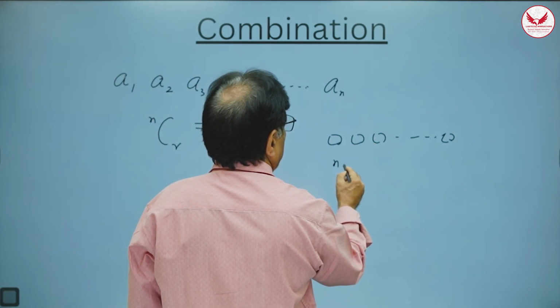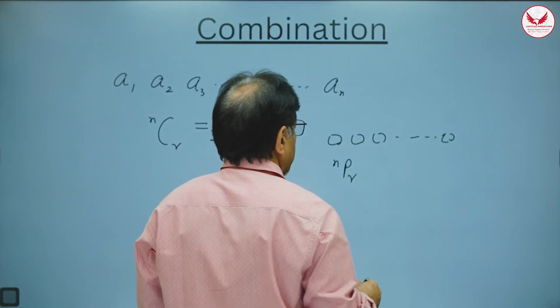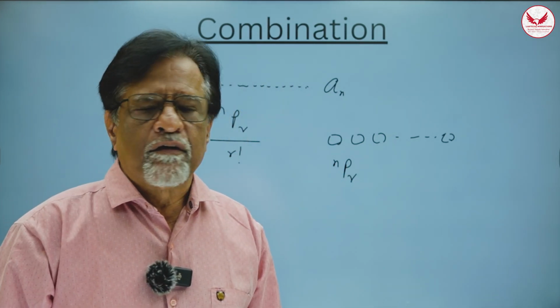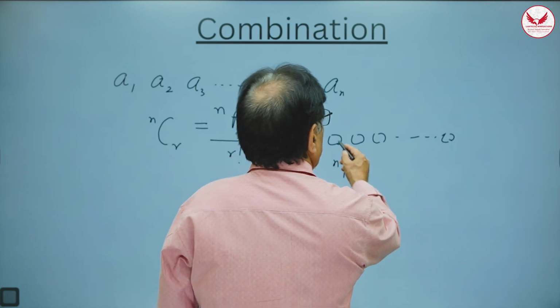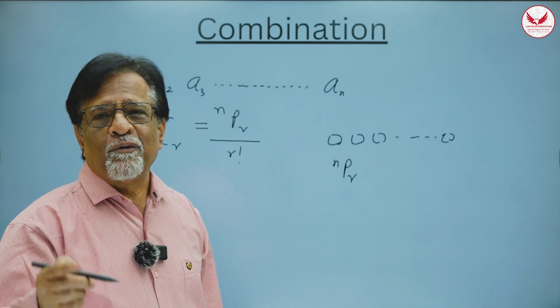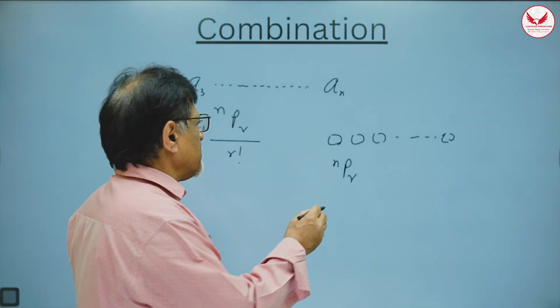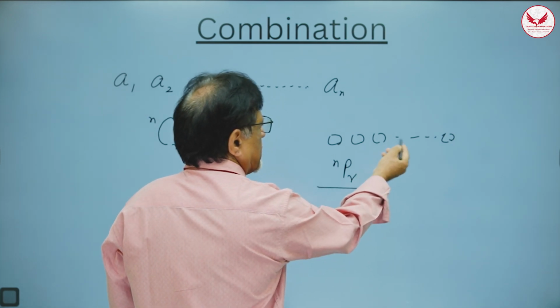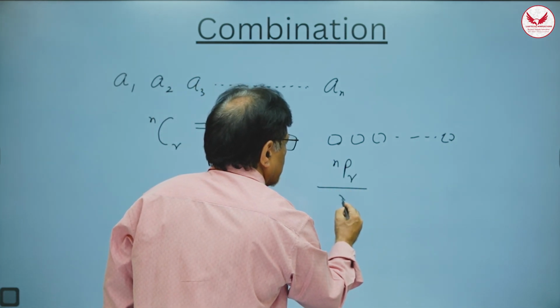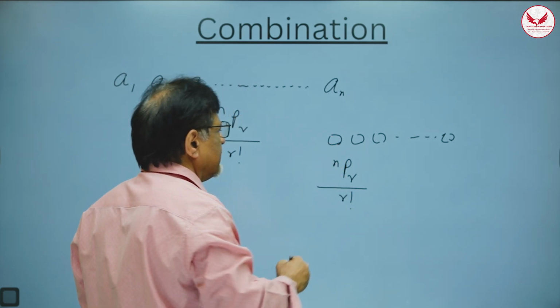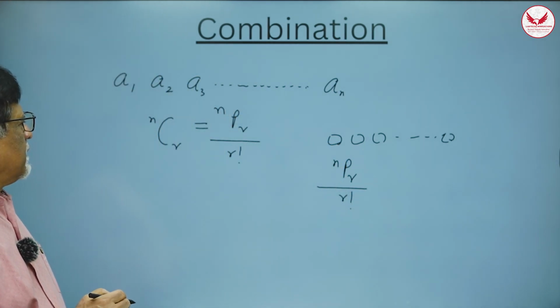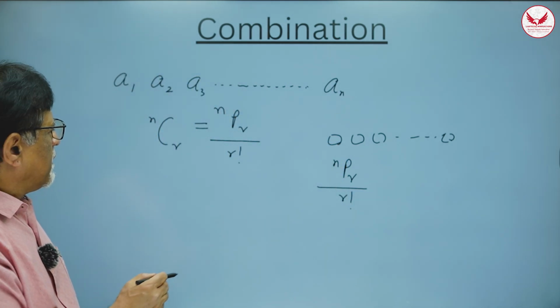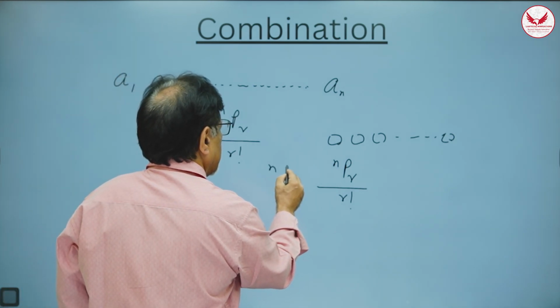That can be done in nPr ways. But these r objects are actually only one object, correct? So they will give me only one combination. So I will divide it by r factorial.